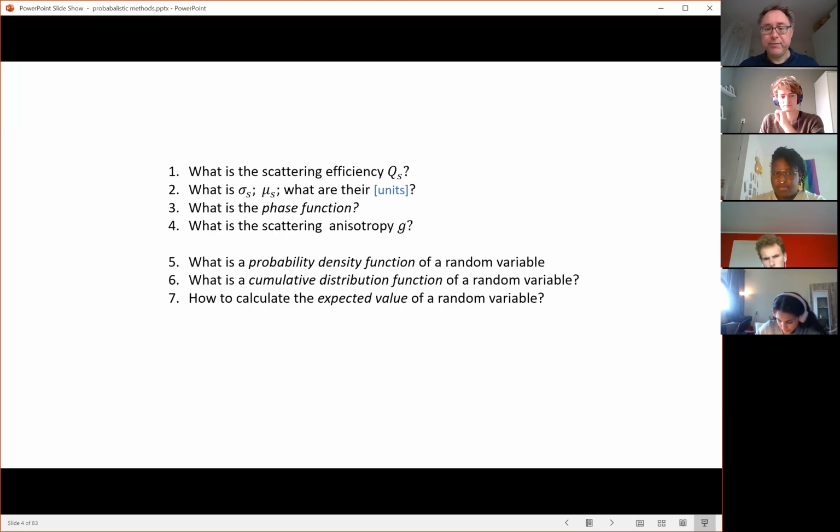So if you have a probability density function of some variable x, then to calculate the expectation value of x, you multiply x with this distribution, and you integrate it out. So you basically calculate the weighted average of the variable, and that's exactly the same thing that you do when you calculate the scattering anisotropy. You're calculating the expected value of cosine theta by multiplying it with the appropriate phase function. All right.